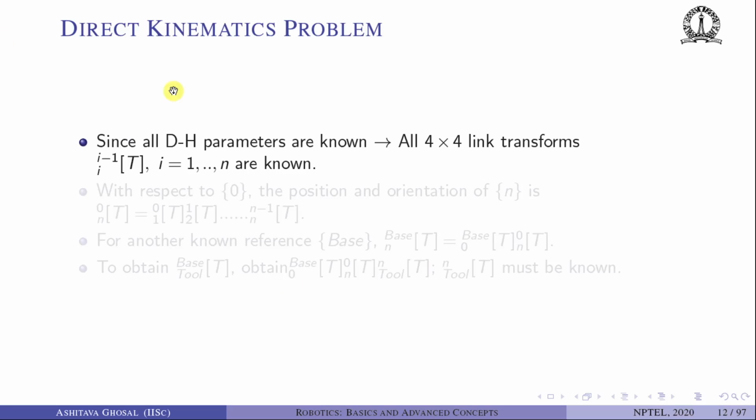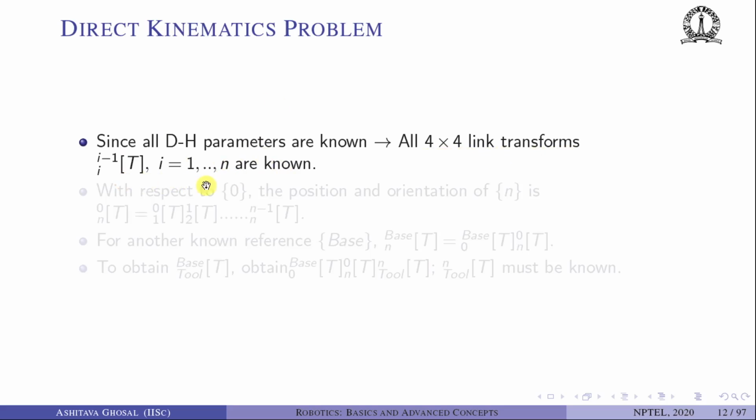So as the problem statement was already given, all the DH parameters are known: alpha i-1, a i-1, d i, and theta i, even the joint variable theta i is known. So if all the DH parameters are known, all the 4x4 link transformation matrices are known.